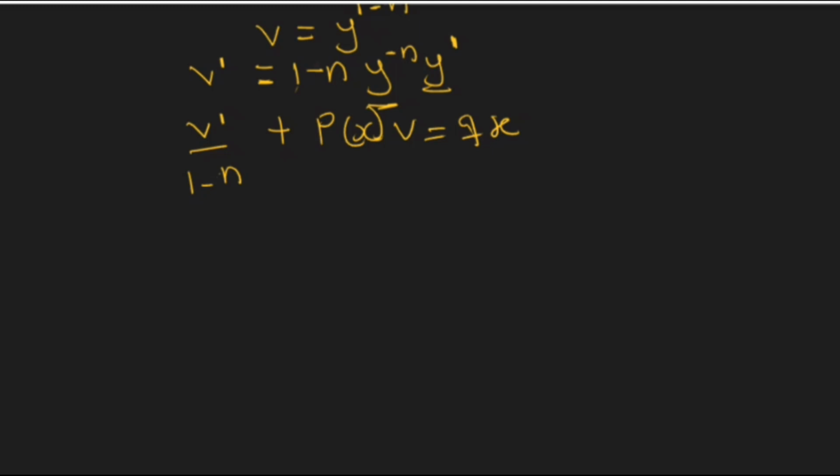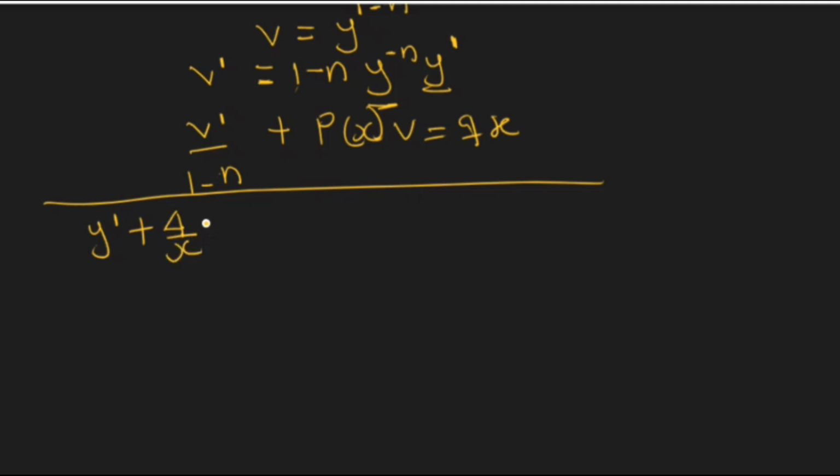Now let's take an example and get things right better. So I'm going to give you an example here. So I have my y prime plus 4 over x y.